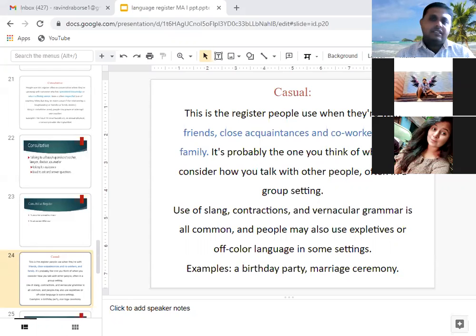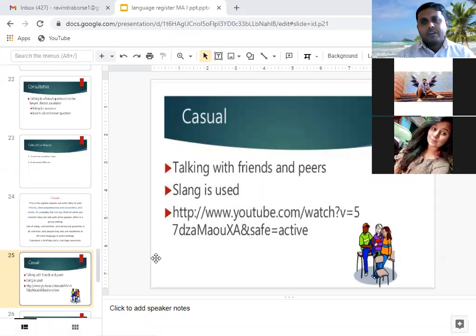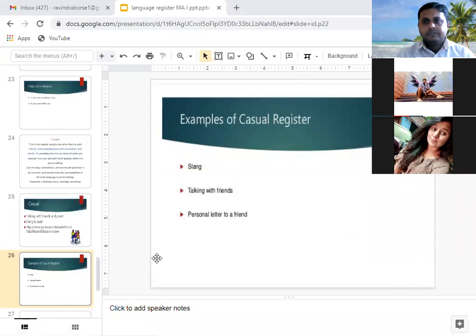So talking with friends, here peers means close ones, slang is used, right?